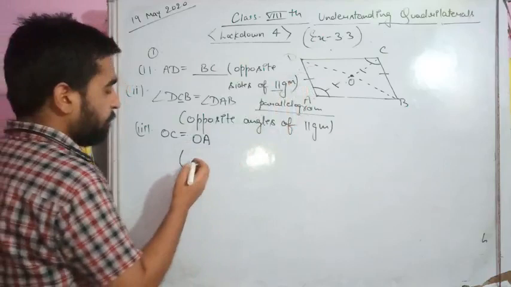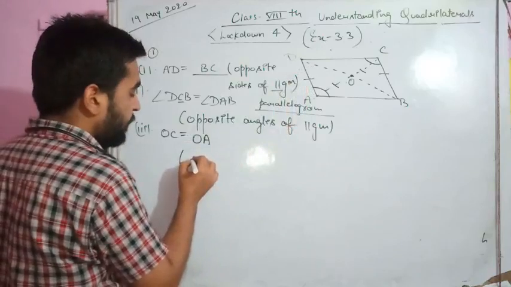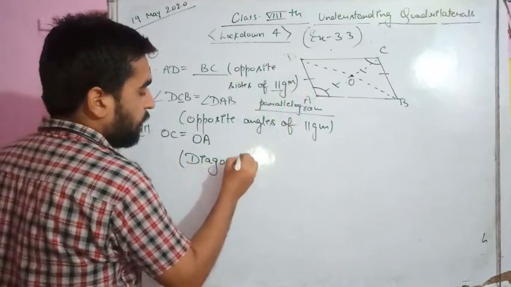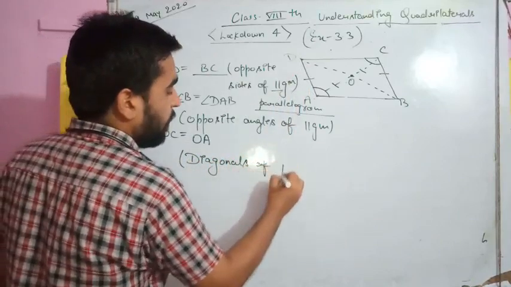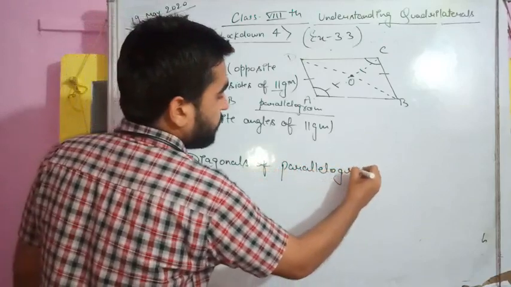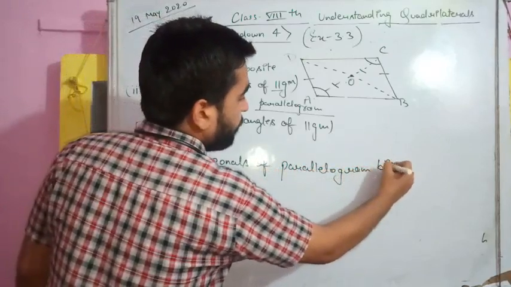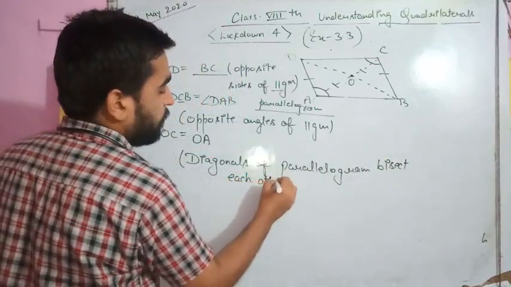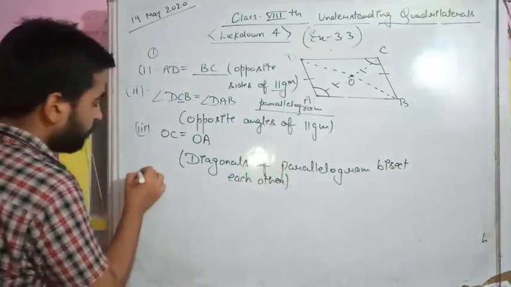So OC will be equal to OA, and we will write: diagonals of parallelogram bisect each other. So this is the reason.